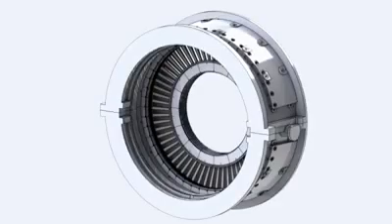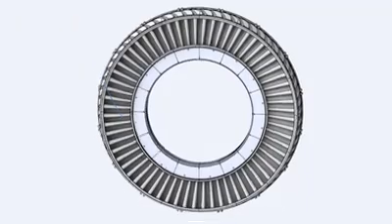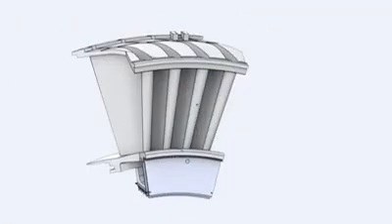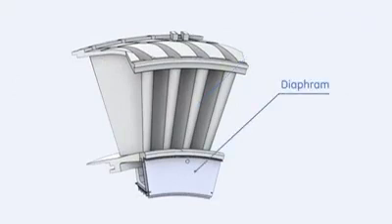The third stage nozzle receives the hot gases from the second stage rotor buckets, expands it further, and directs this flow to the third stage rotor buckets. The third stage nozzle set consists of 16 segments. Each segment contains 4 airfoil partitions. A diaphragm segment is also attached to the inner sidewall of the nozzle.